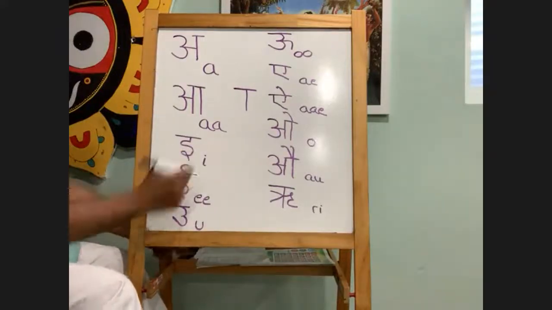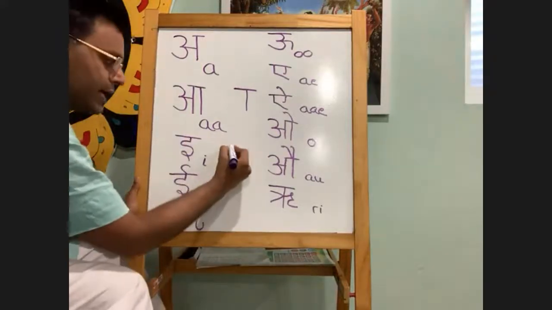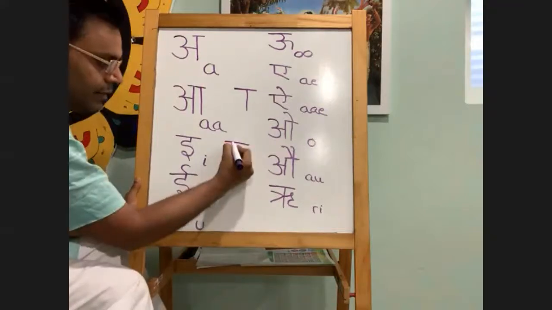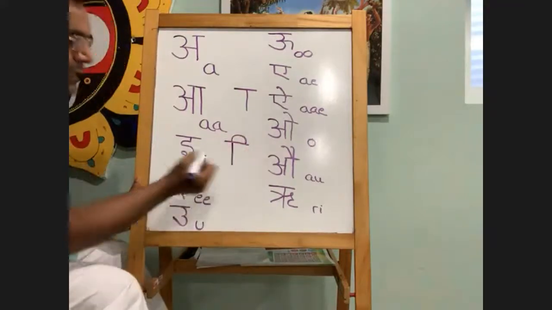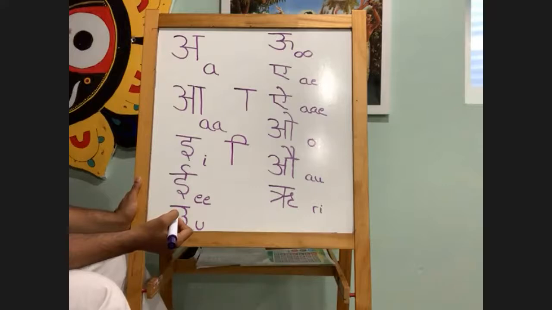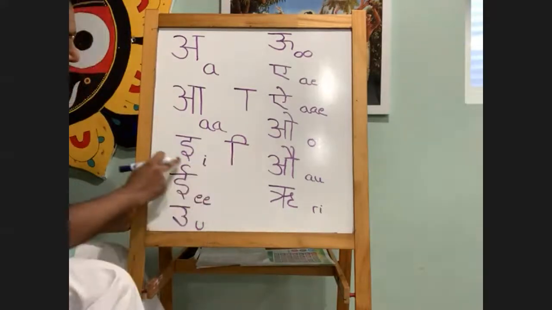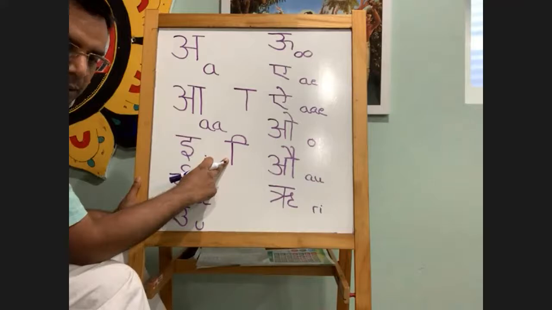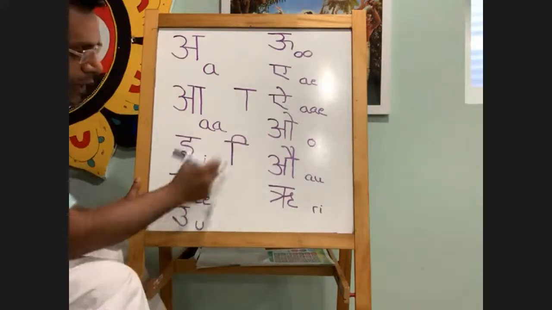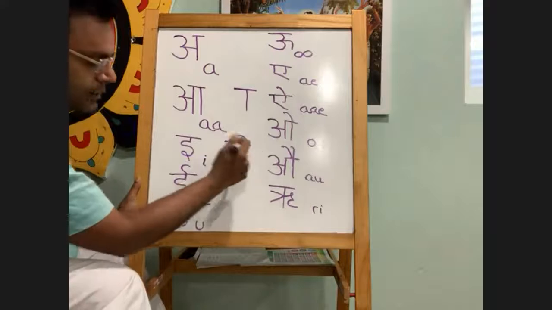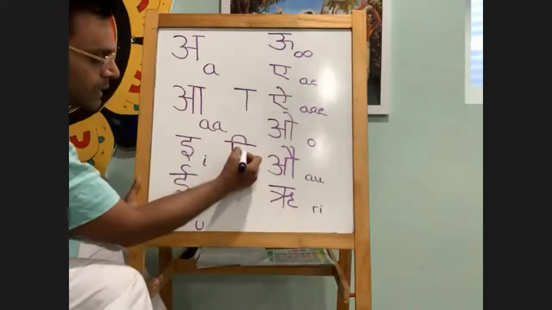Okay, E. E is represented as a straight line and then an upside down C, basically an upside down moon, and it comes in front of the letter. Say Ka plus E, ki.